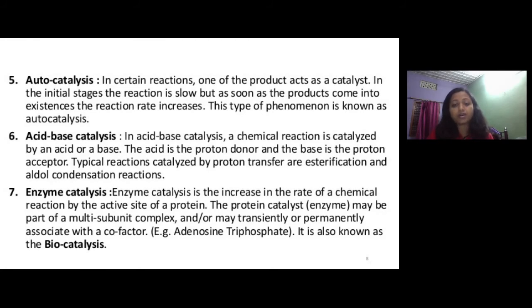If the catalyst is protein, then it is called enzyme. The enzyme may be a part of a multi-subunit complex or may transiently or permanently associate with a cofactor. It is also known as biocatalysis. Actually, in the biological field, it is mainly applicable.